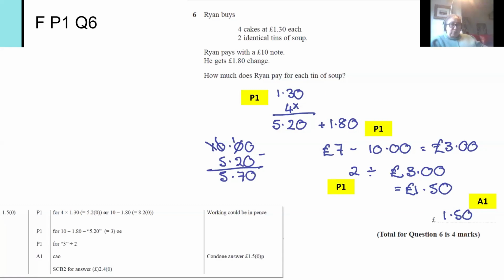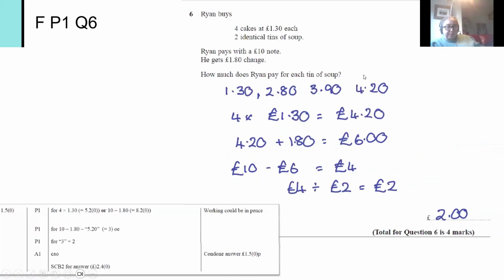The next student on the same question, I'll give you a couple of seconds to have a look at what they're doing there. Again, they get the process mark for 4 lots of £1.30.